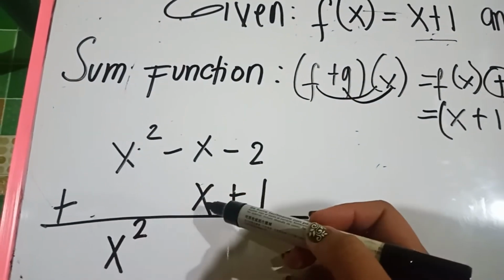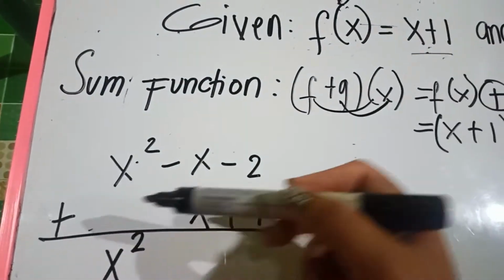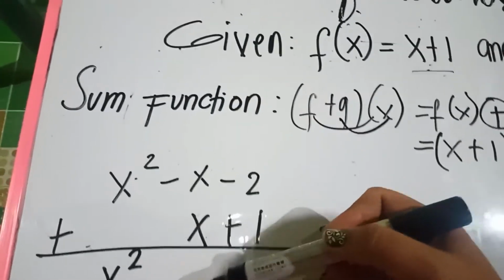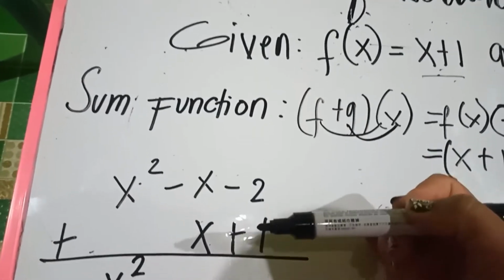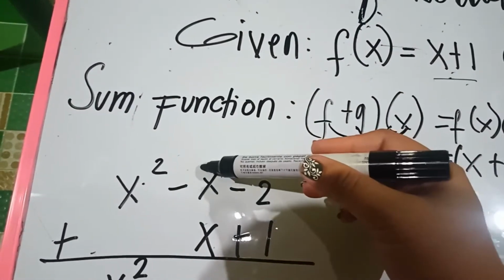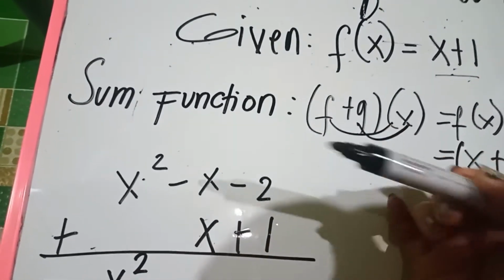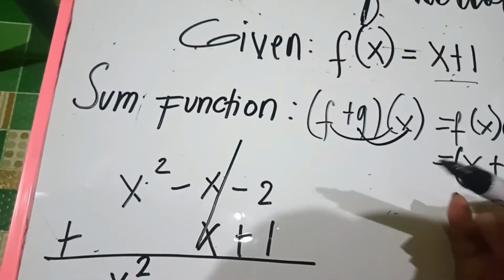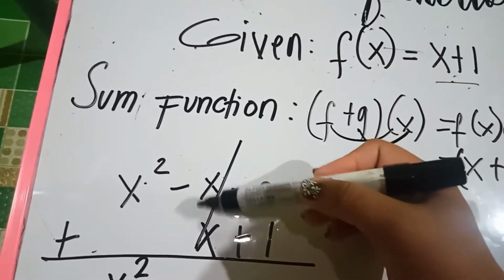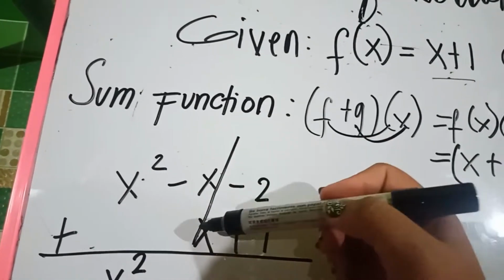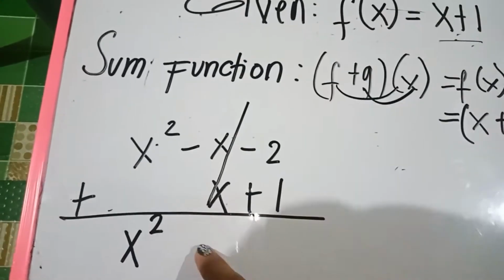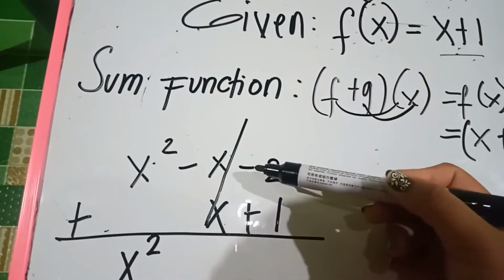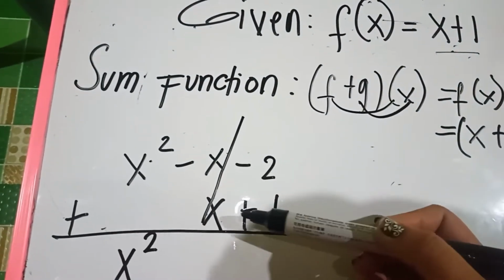Okay, so now add. Bring down x squared kasi wala naman siyang like terms, and then negative x plus positive x. In adding unlike signs, proceed to subtraction and copy the sign of the bigger number. So, dahil negative to, positive to, we need to subtract. x minus x, that is 0. Kasi nga, diba, merong invisible 1 dyan nakasama si x. So, 1 minus 1, that is 0. So, hindi na natin kailangang i-bring down yan. And then, next one, we have negative 2 plus positive 1.